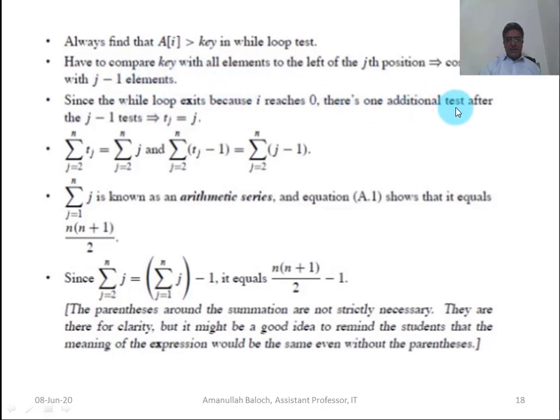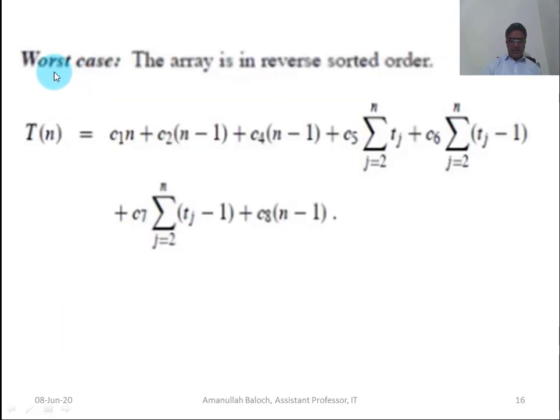There is one additional test after the j minus 1 tests. That is, if j is 4, then 4 minus 1 is equal to 3, so the while loop body executes 3 times, but the test condition is executed 4 times. That is why we take t j equal to j here in the summation in the algorithm.